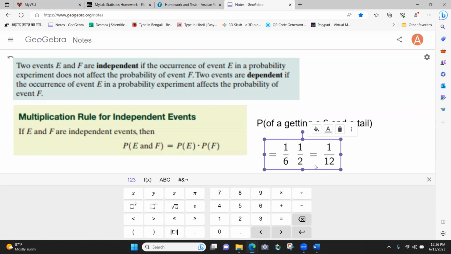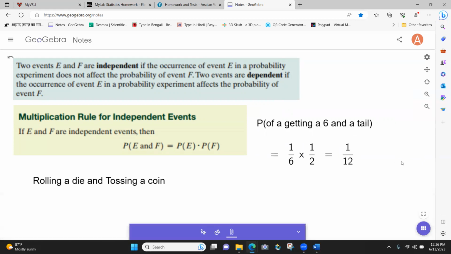And you can put a little multiplication sign here. That looks much better. So that's what we mean by the multiplication rule for independent events. What are independent events? When the events don't influence the probability of one another. And it works for three events, four events, five events, doesn't matter.